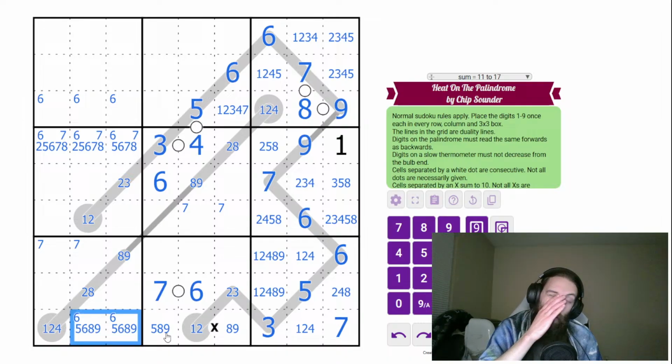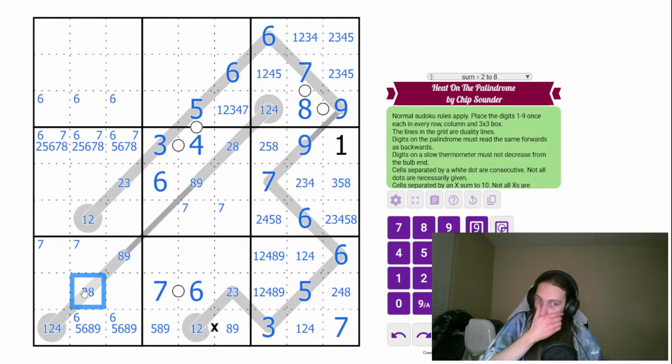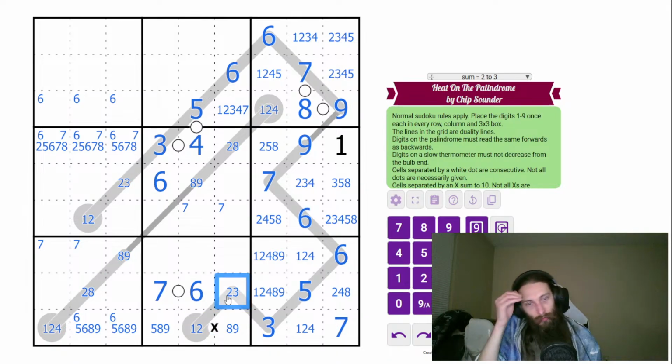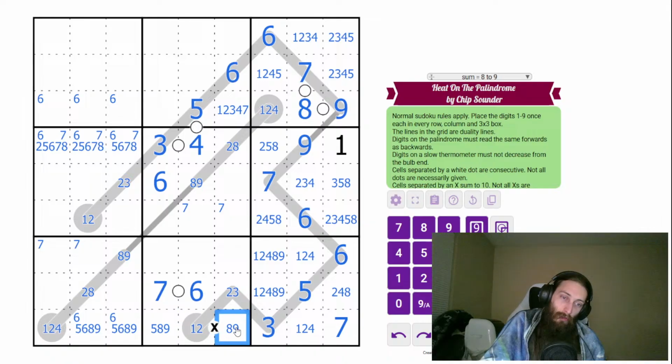This can't be an 8-9 pair, but if it has the other from 8 and 9, then we get 1 and 2, which would make 2 and 3. And if this is a 2, that's an 8.